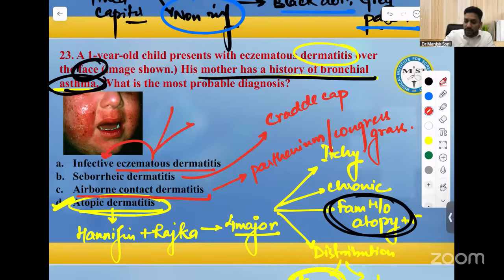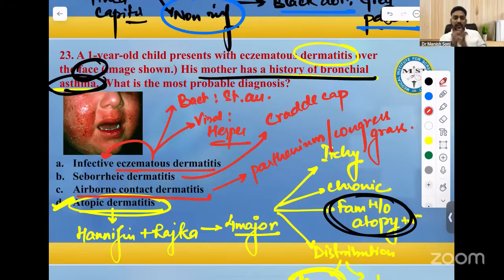Infection can be of two types: bacterial, usually Staph aureus, and viral, usually herpes. So when a patient with atopic dermatitis or any type of dermatitis develops a bacterial or viral infection, we call it infective dermatitis.